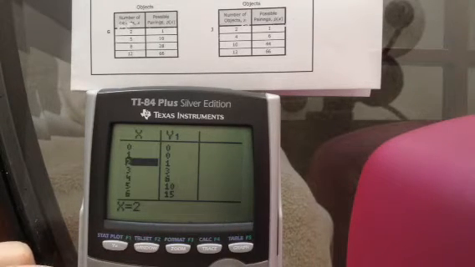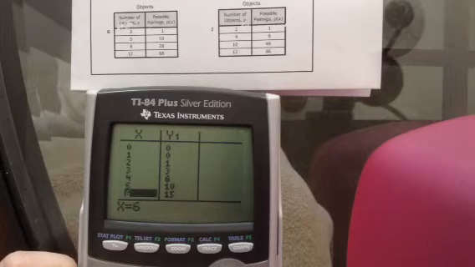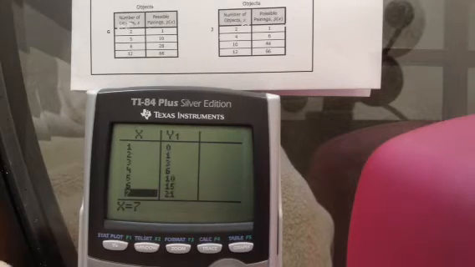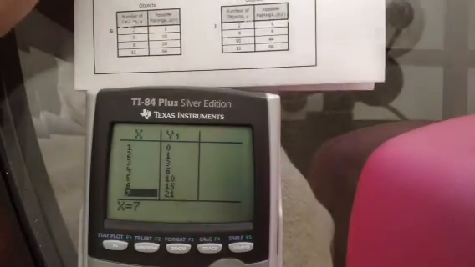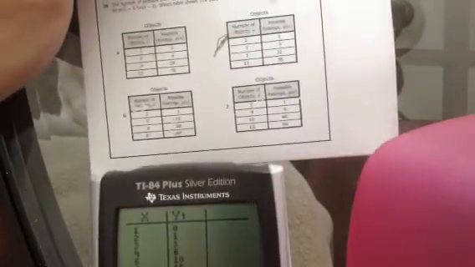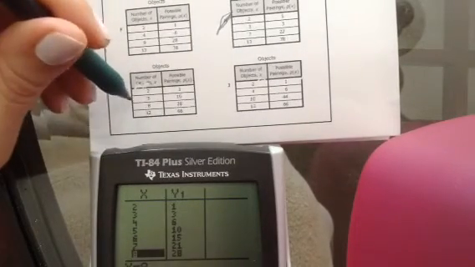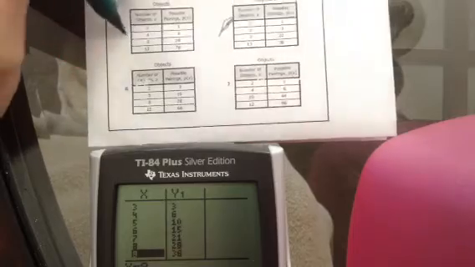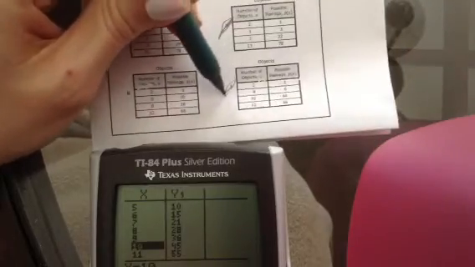So 2 is 1, so all those are right. 3 is 3, 4 is 6, 5 is 10. Let's see, 7 is 21, not 22, so it can't be that one. Oh, you can't see that. It can't be that one. 8 is 28. 9 is 36, so it can't be that one. 10 is 45, so it can't be that one.